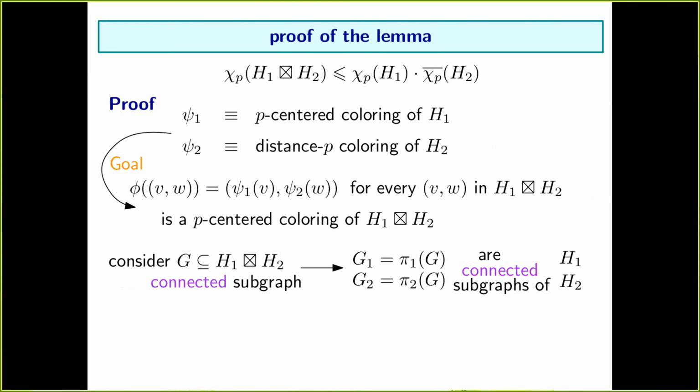Why should it be? I don't know. I'm asking, do you have to use this distance p coloring in the product? Yes. Okay, then I didn't get your question, but you cannot replace in this inequality the stronger distance p chromatic number with the actual p-centered chromatic number. Then this is simply not true.